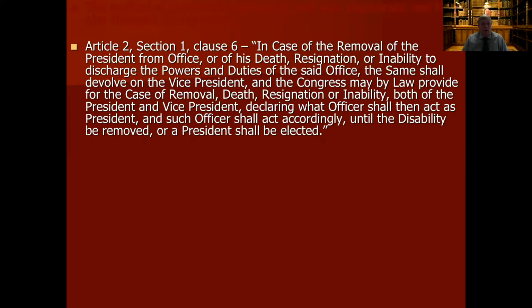So in the beginning, then, the vice president would replace the president in case of death or resignation or inability. And if both had pursued that path, then it was up to the Congress to decide by law who would replace the removed or missing official.